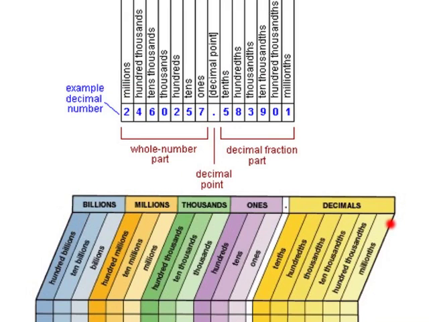This chart I liked because it went a little bit further. It went to 100 billions, went the same amount in the decimals, but I want you to notice they are in categories of threes. So there's ones, tens, hundreds. Those are all purple. Then you move to thousands, 10,000s, and 100,000s.